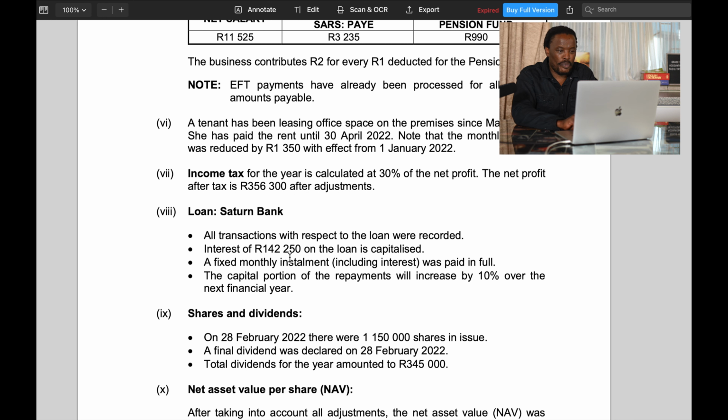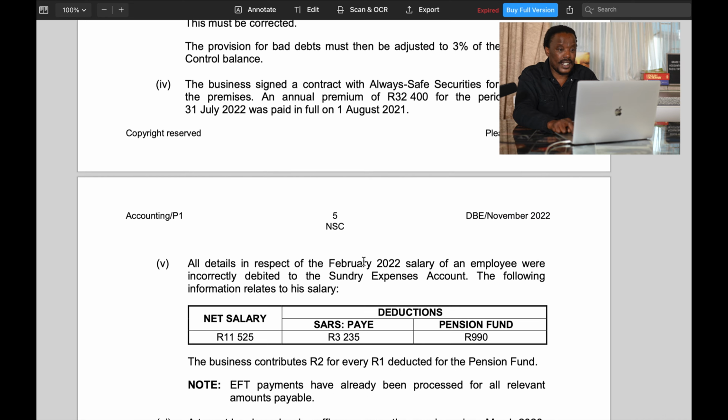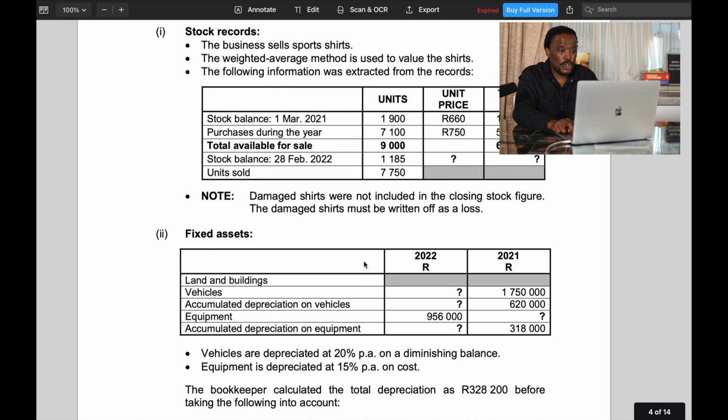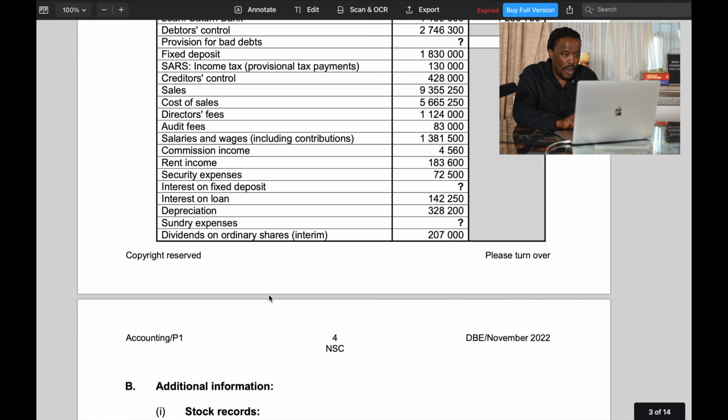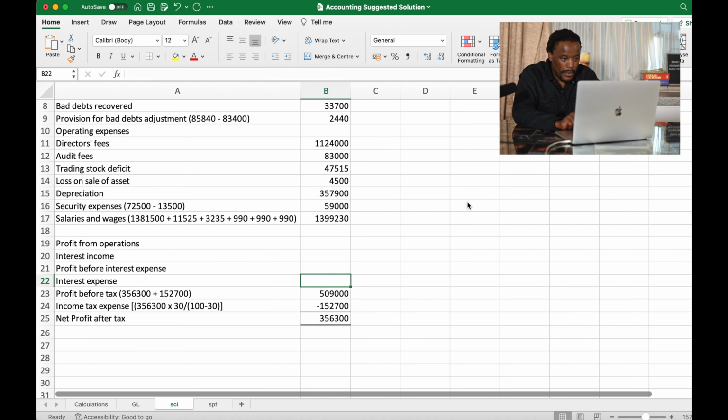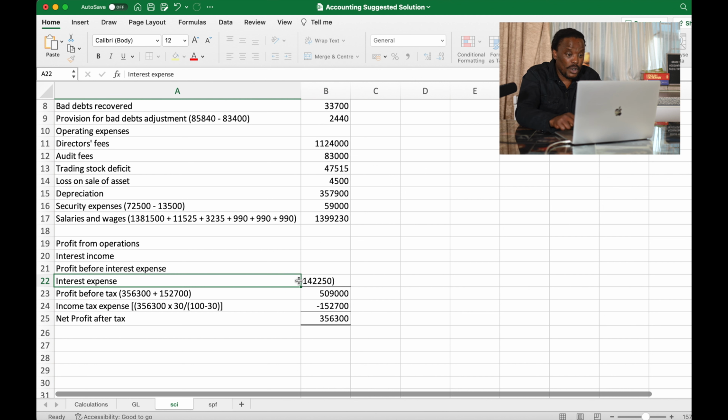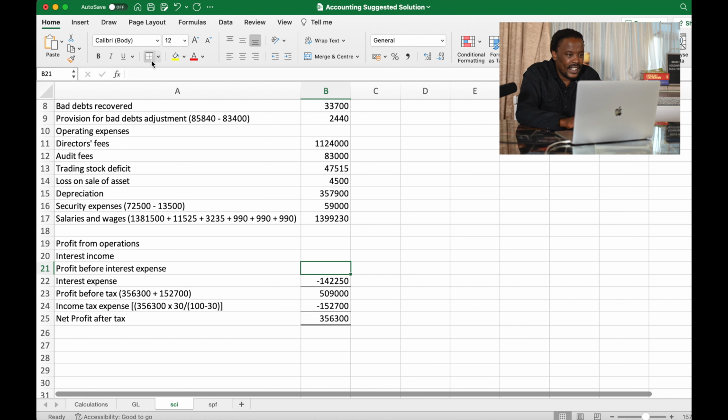Interest of 142,250 on the loan is capitalized. And you will see this interest, 142,250, must also be there on our interest on loan. Interest on loan, 142,250 is given. And interest on loan, remember, it's also a minus.